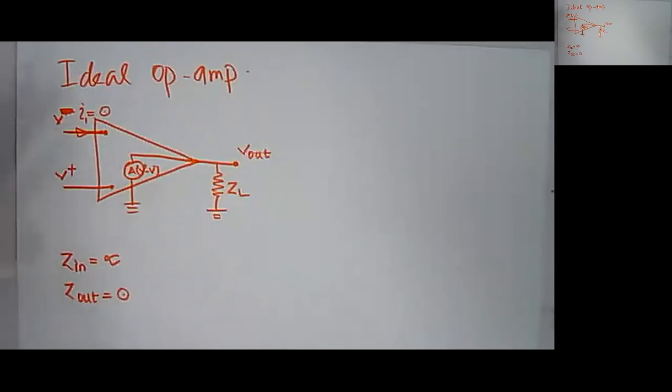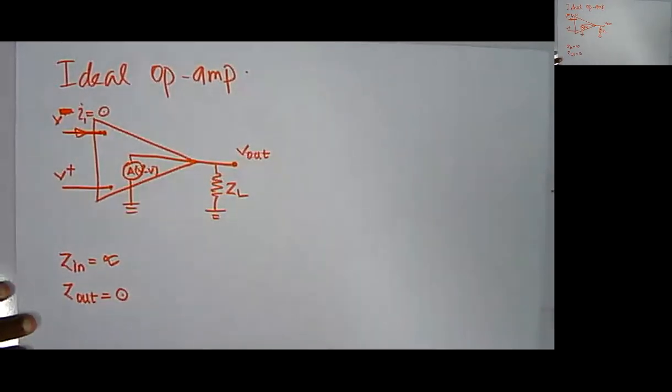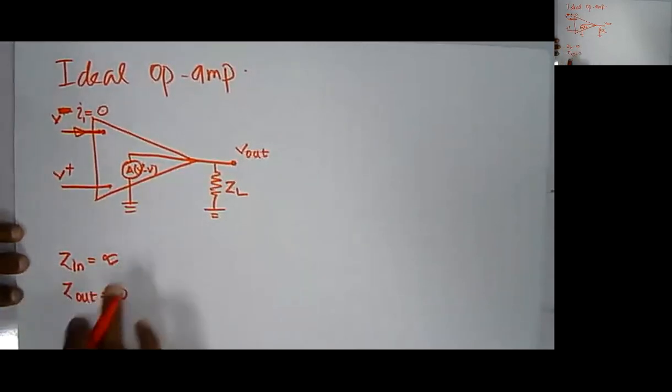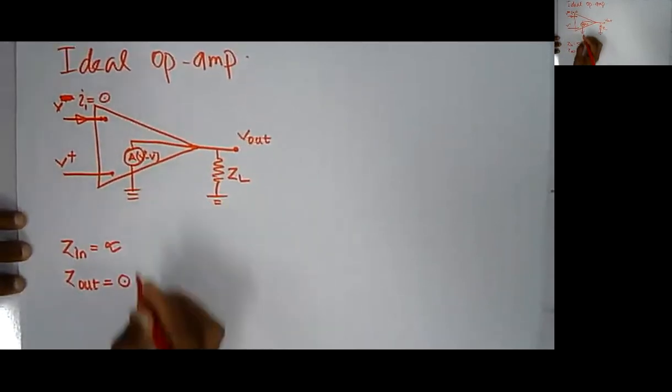These are the two important properties, and an ideal operational amplifier also has a few more properties. The first one is that the input impedance is infinity, and the second one is that the output impedance is 0.